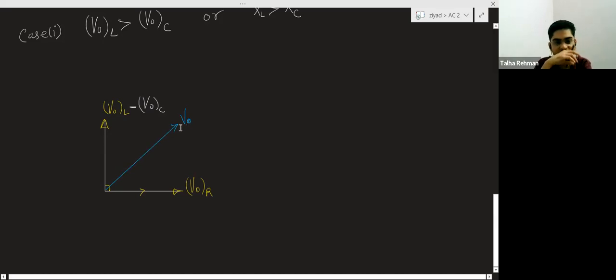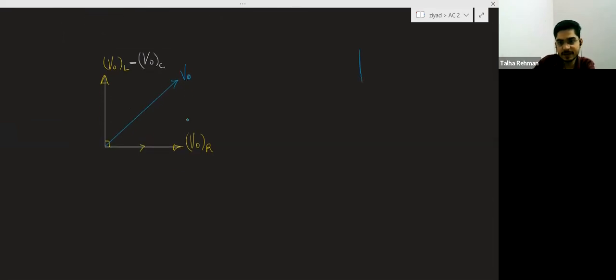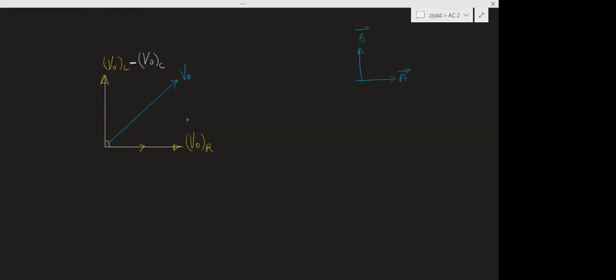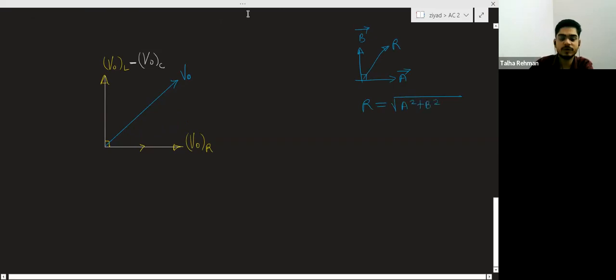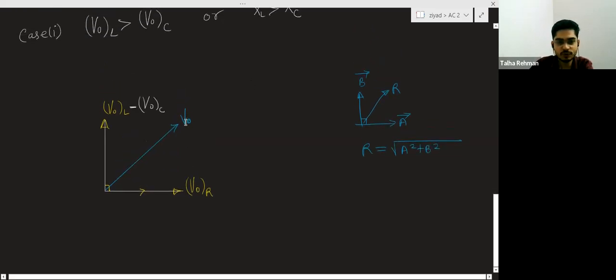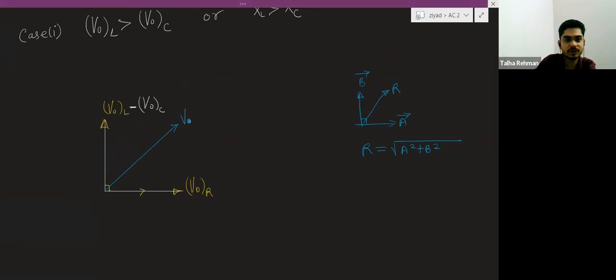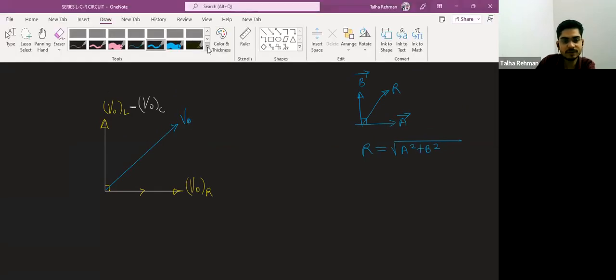Now, how will we calculate the V naught? We know if two vectors are acting at 90 degrees, this is A vector, this is your B vector, and you want to find the resultant R, then you write the square root of A square plus B square. So here, if you want to find this V naught, you have to write it like this.